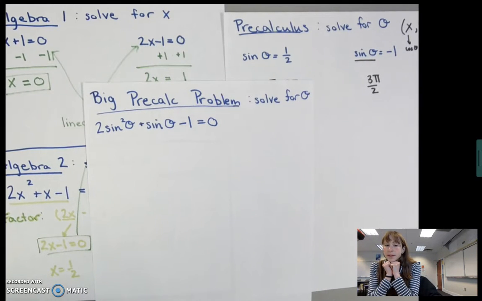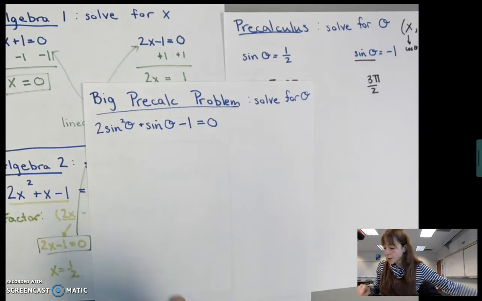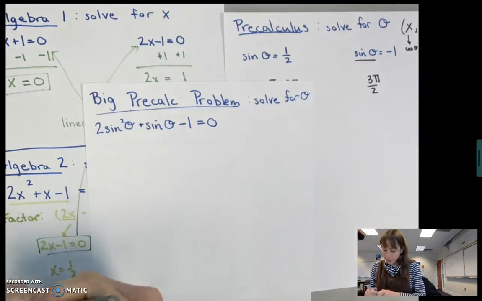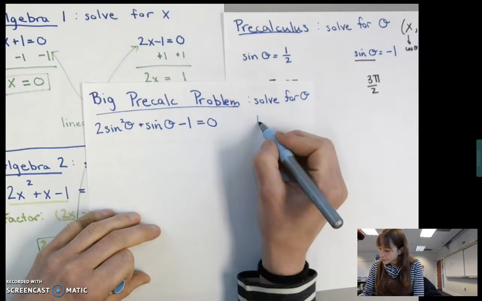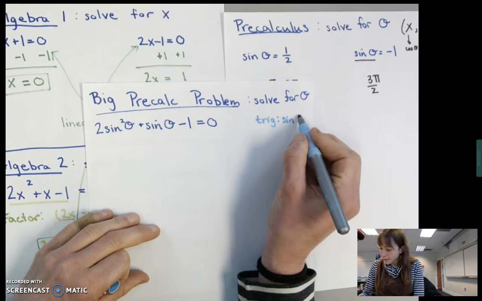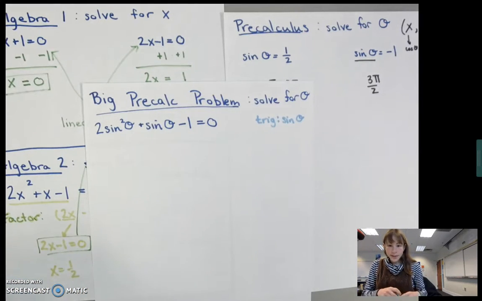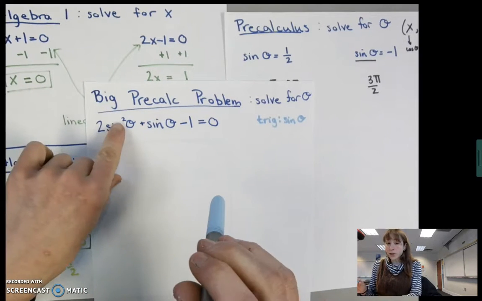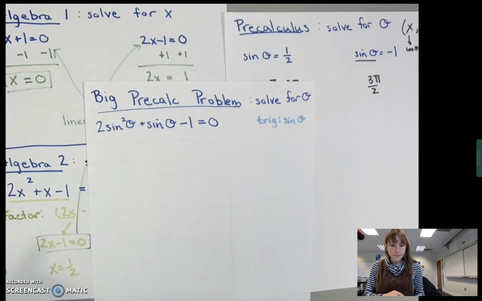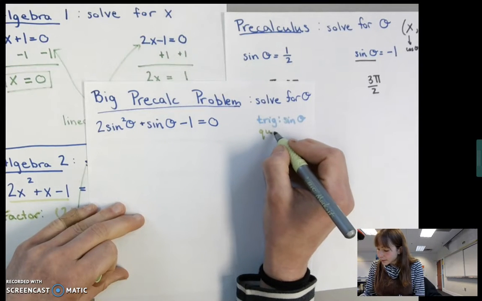And let's notice some things about this example. The first thing I notice is that it has trig functions in it. Sine of theta. The next thing I notice is that it is quadratic. The sine of theta is squared.